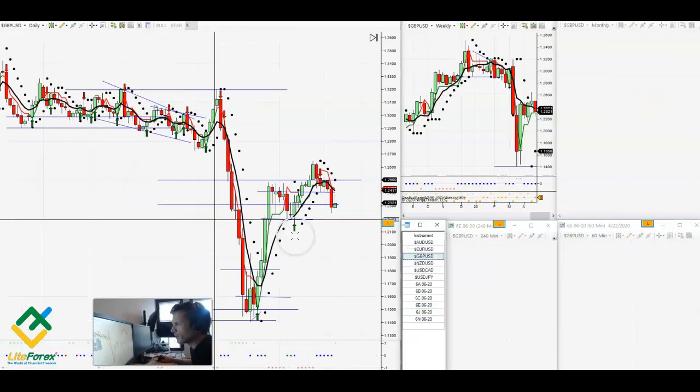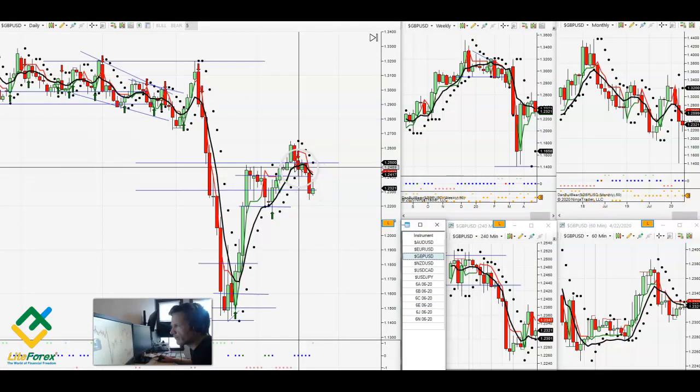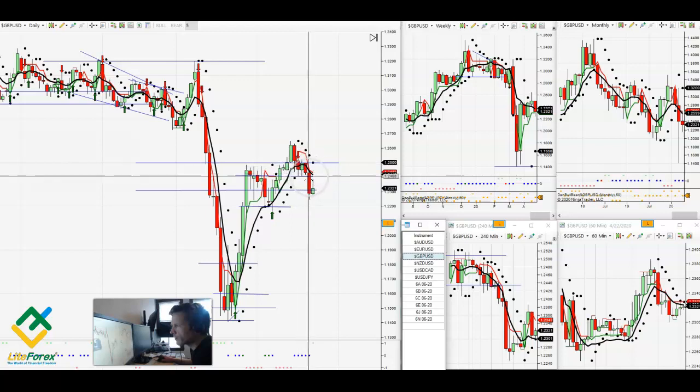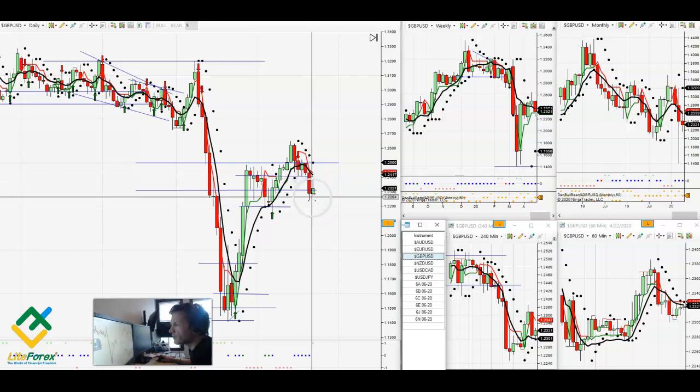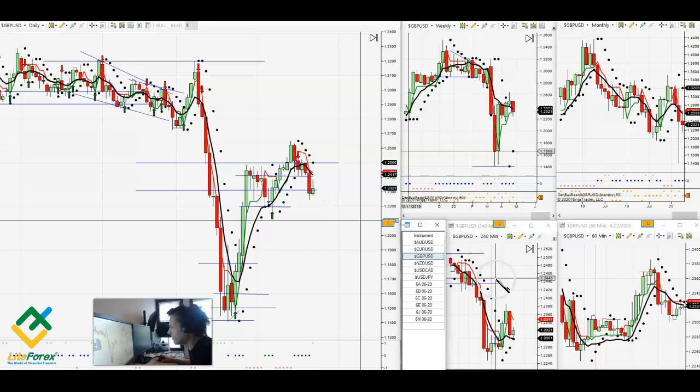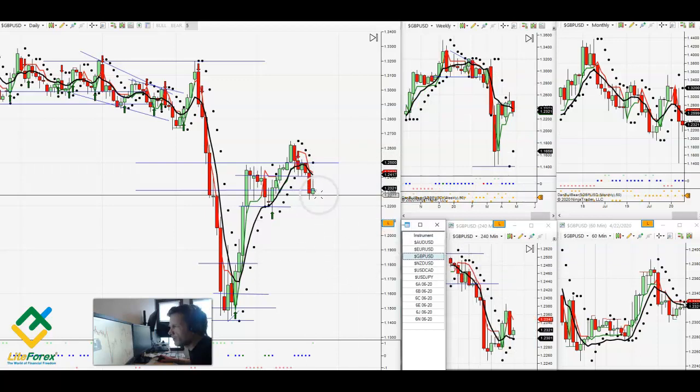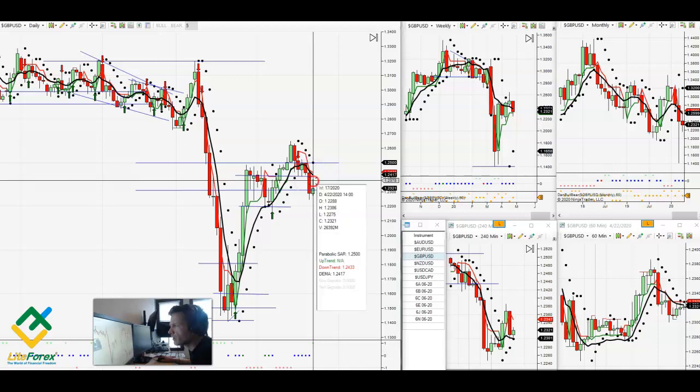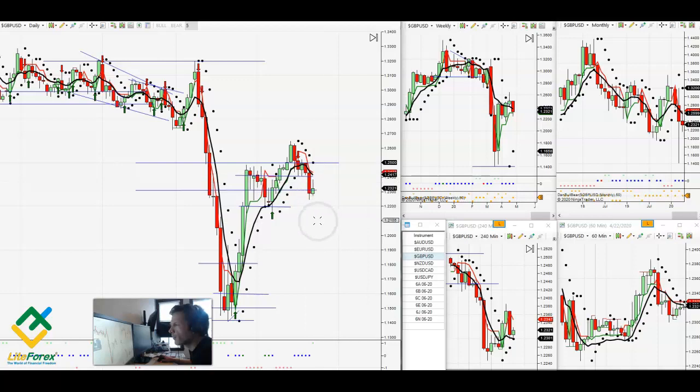Pound USD. Okay, so pound USD was going very sideways in here. It broke down yesterday through this support at 1.24, busted through that, and then we're getting this rebound today. I liked the little rebound today, but it did put in resistance at 24, hitting a high today of 1.2386 and then dropping.